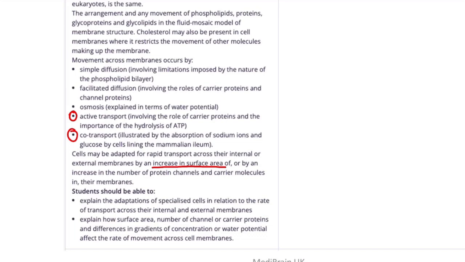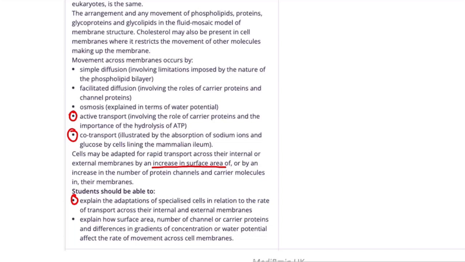So if you have a large number of protein channels or carrier molecules, that will always increase the absorption that is taking place. Explain the adaptations of specialized cells in relation to the rate of transport across the internal and external membranes. This is mostly talking about your villi and microvilli, which we have looked at. Don't forget that you looked at that at GCSE and you also look at it in A level. It's not explicitly covered, however, you will be able to link them to exam questions.